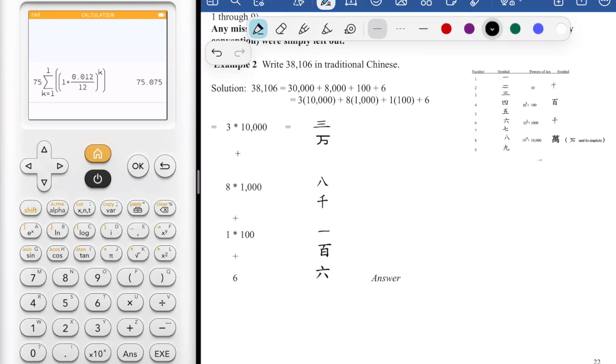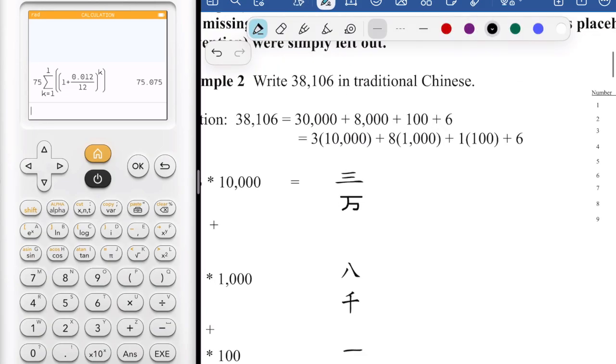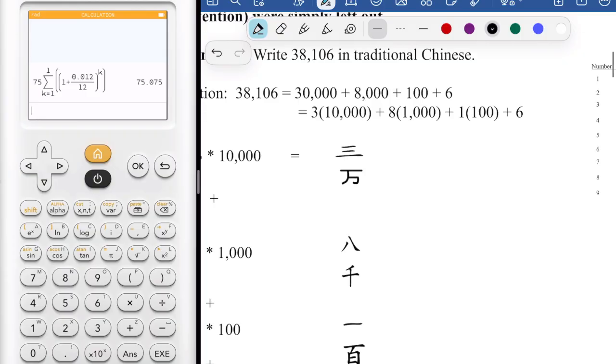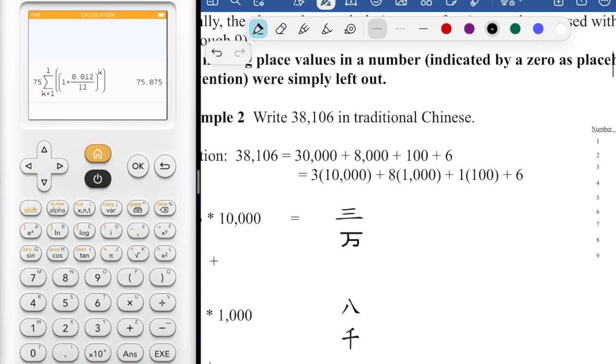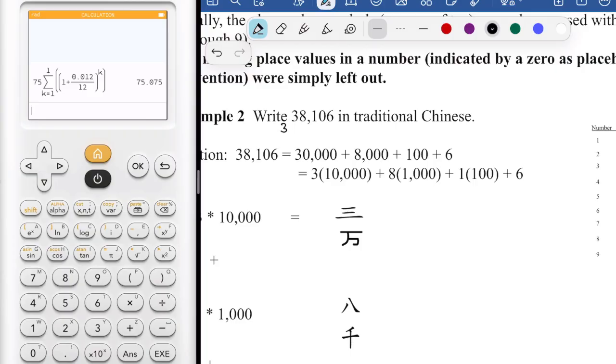So if we're thinking about this in the most explicit way, instead of saying 30,000, I would say 3 times 10,000 plus 8 times 1,000 plus 1 times 100.